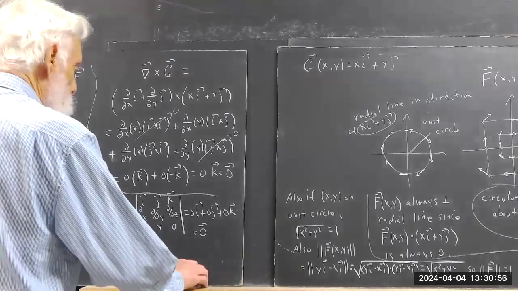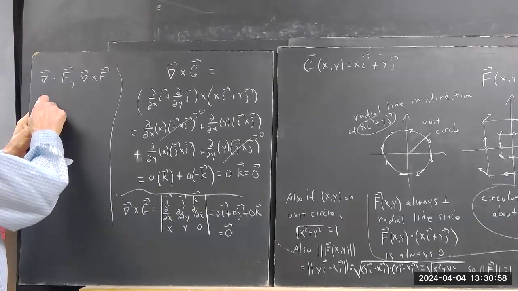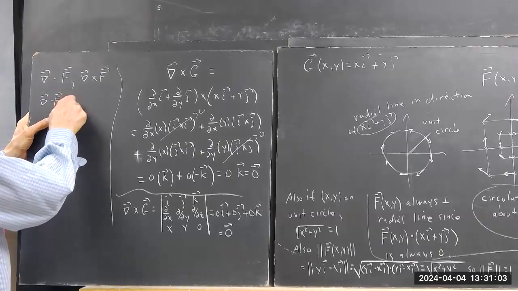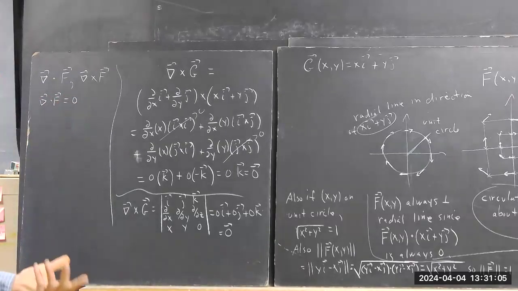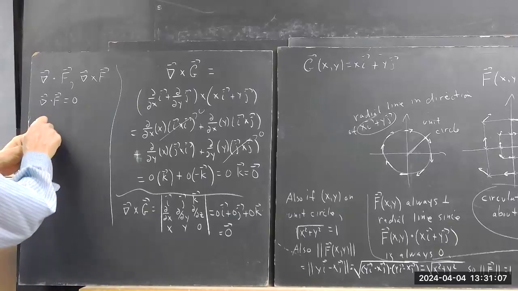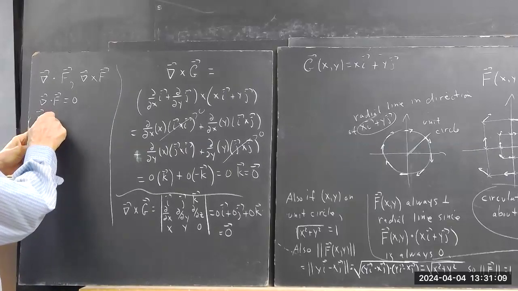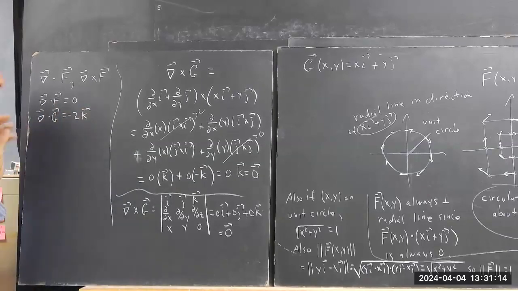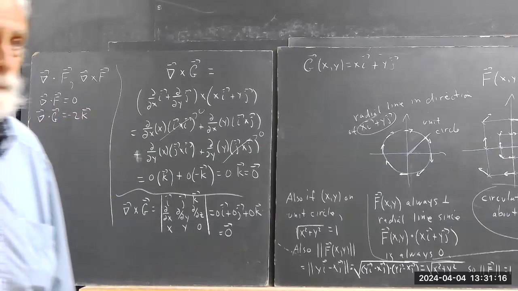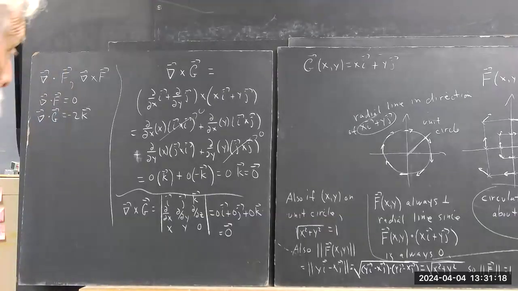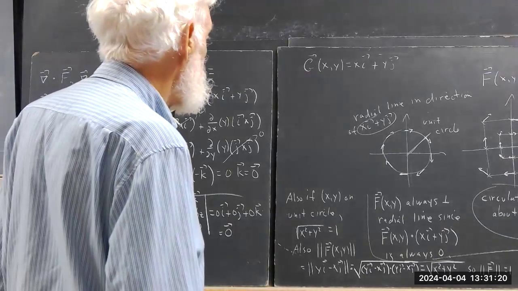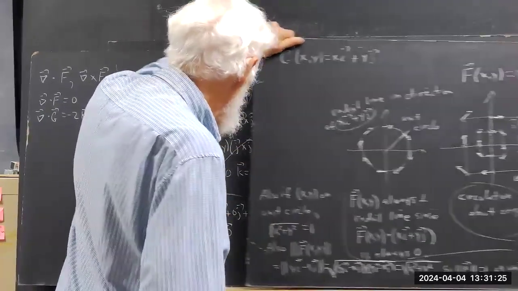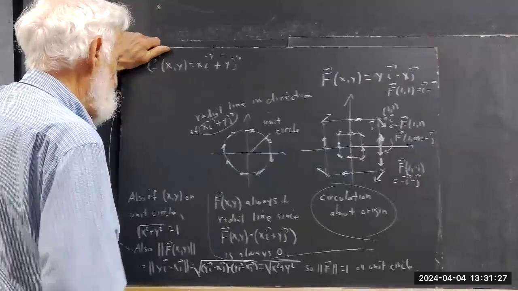Okay. So what we get is del dot F equals 0. Del dot G is negative 2K. Right. So what's this telling us?